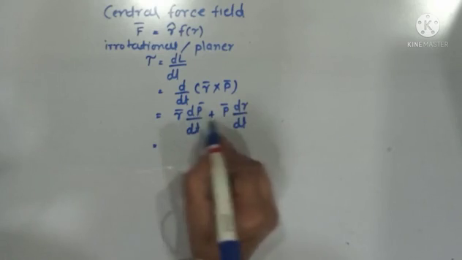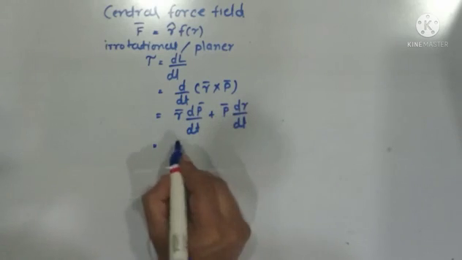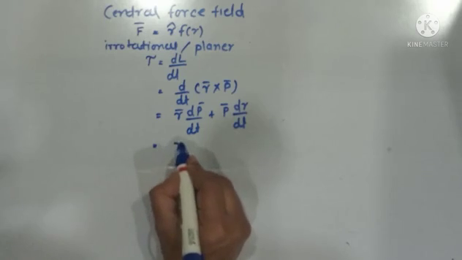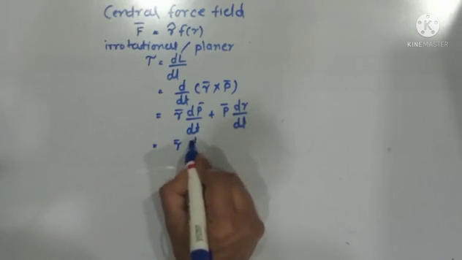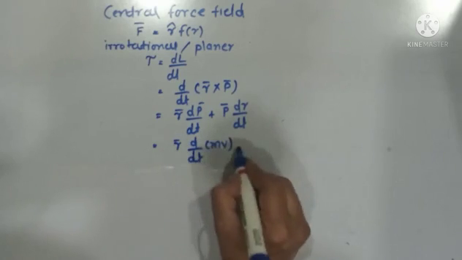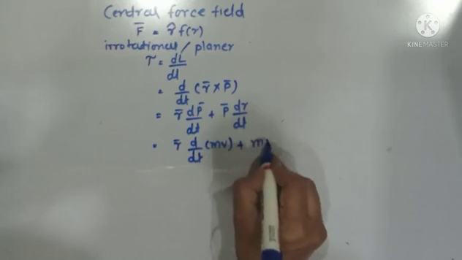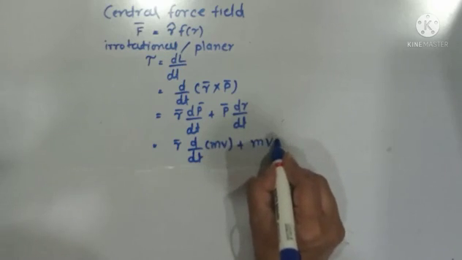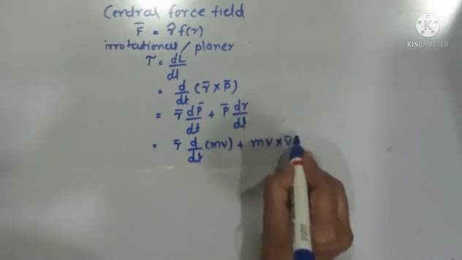Now we know that p is the momentum and p is equal to mv. So r cross d by dt of mv, plus mv cross dr by dt, and this dr by dt is nothing but the velocity vector.